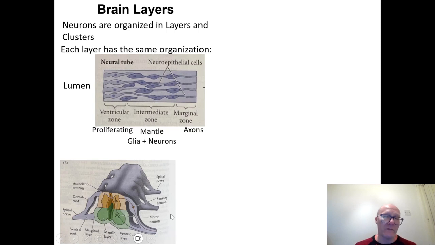In the ventral part of the mantle, we find motor neurons, so neurons that originate from that region and innervate different parts of the body, permitting contraction of muscles.